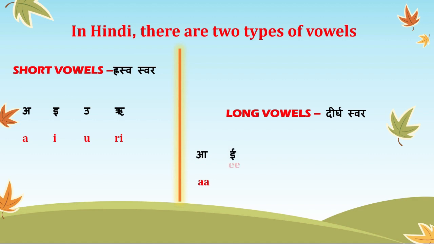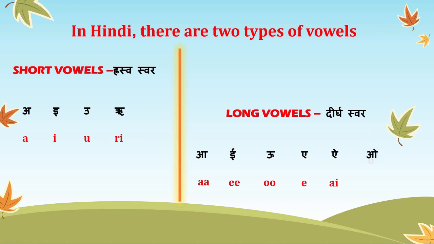Next, Ee, in English, E as in echo, E-C-H-O, echo. Next, Oo, in English, U as in unite, U-N-I-T-E, unite. Next, E, in English, A as in ape, A-P-E, ape. Next, AI, in English, A as in an, A-N, an.